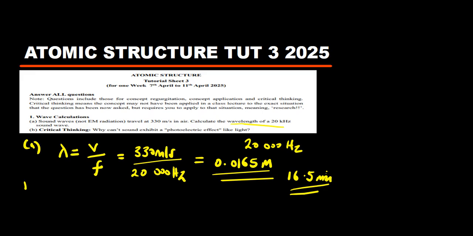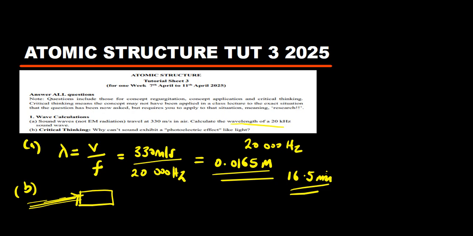Then the second question is, why can sound exhibit a photoelectric effect? Now, what do we know about the photoelectric effect? There should be electromagnetic waves. Let me say this is a metal. These can be electromagnetic waves, coming from the sun, from a microwave, radio waves, infrared, all those kind of things.